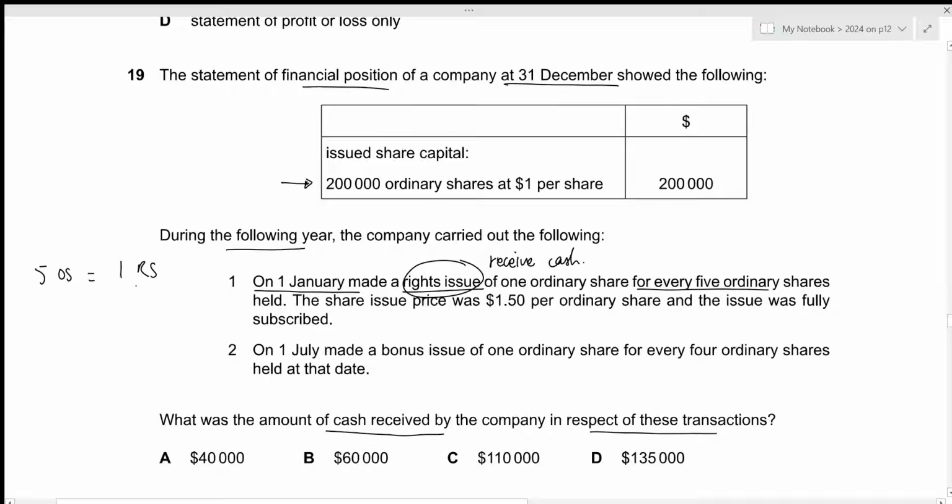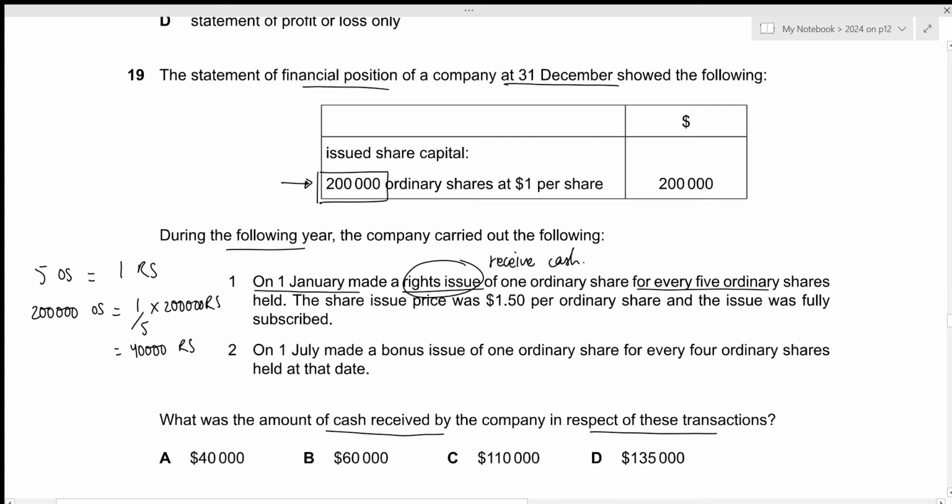Let's calculate the number of rights shares. In order to do so, we need the number of ordinary shares we have before the rights issue, which is given right here, 200,000. So for 200,000 ordinary shares, we have to give 1 by 5 times 200,000 rights shares. That will be 40,000 rights shares.